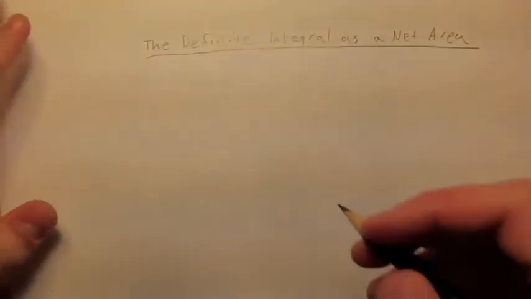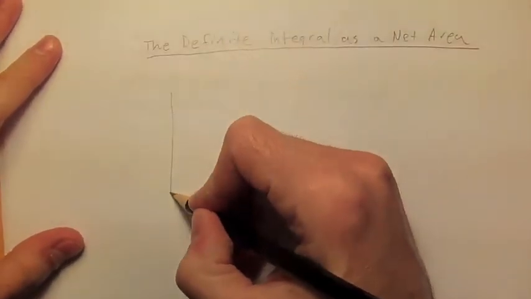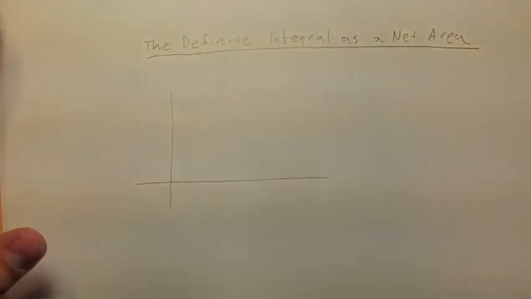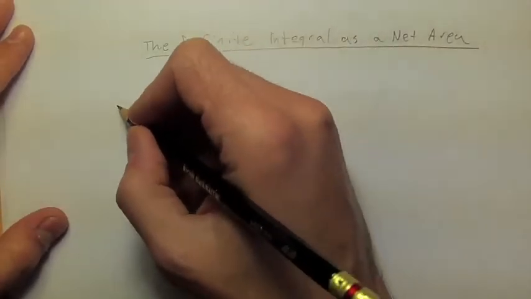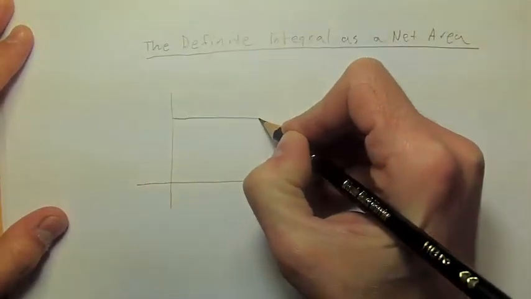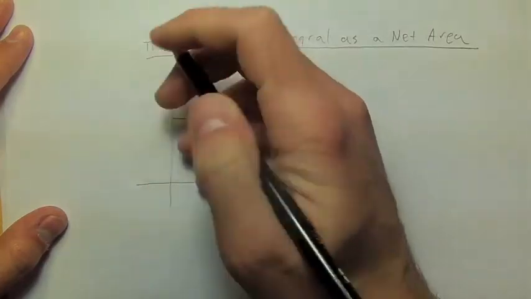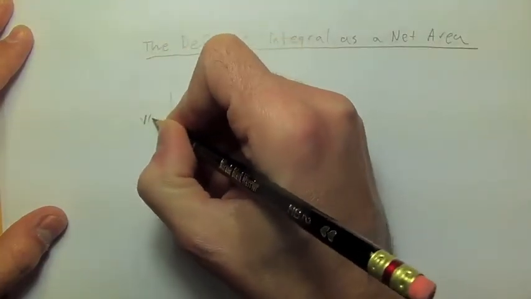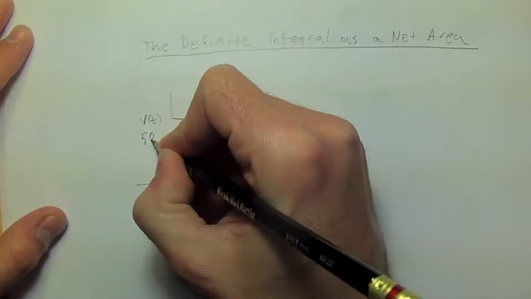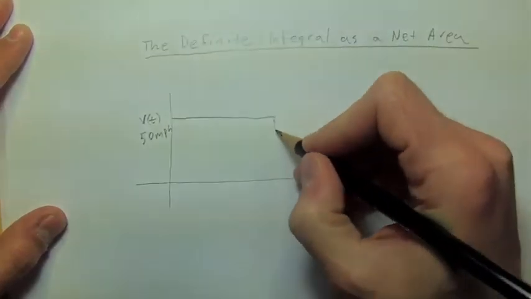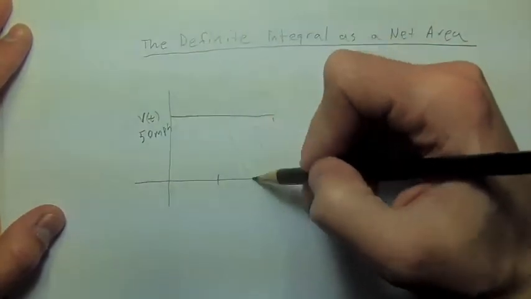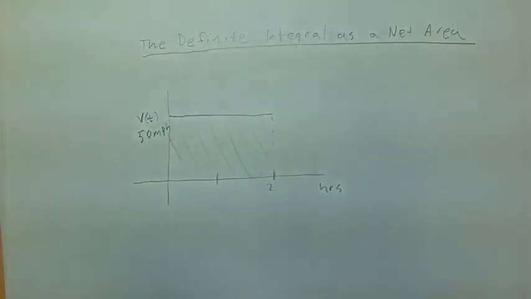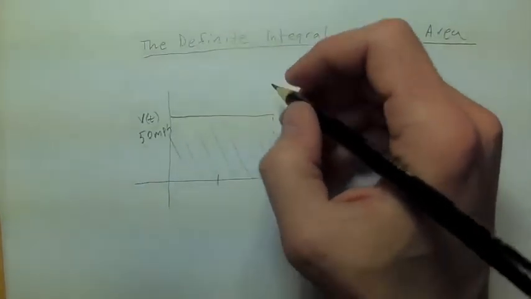Okay, so here we go. One property I want to give here is, well, let's do a very quick example, kind of like how we did last time. Let's say the velocity, v of t, is, say, 50 miles per hour, and we're going for 2 hours. And we know that this area here is going to be 100, right?